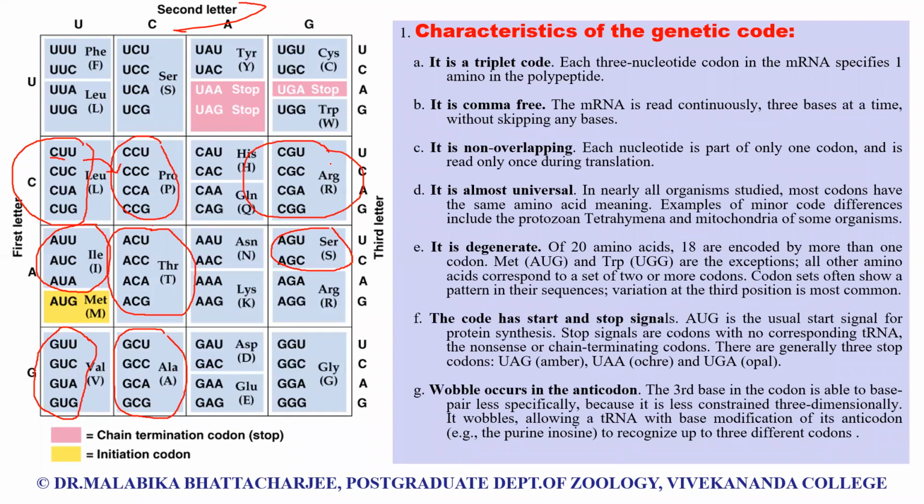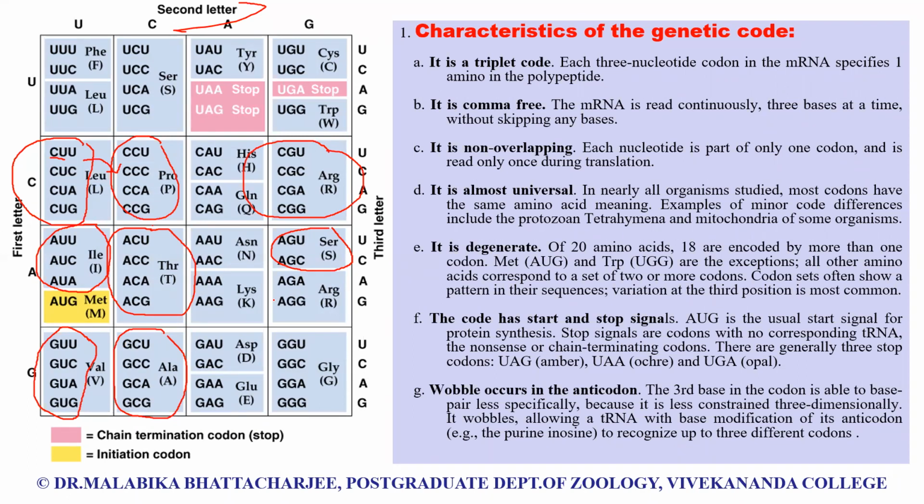So from these examples which I have now circled, it is evident that the third base in the codon is able to base pair less specifically because it is less constrained three-dimensionally. It wobbles. The third base wobbles, allowing a tRNA with base modification of its anticodon to recognize up to 3 different codons.